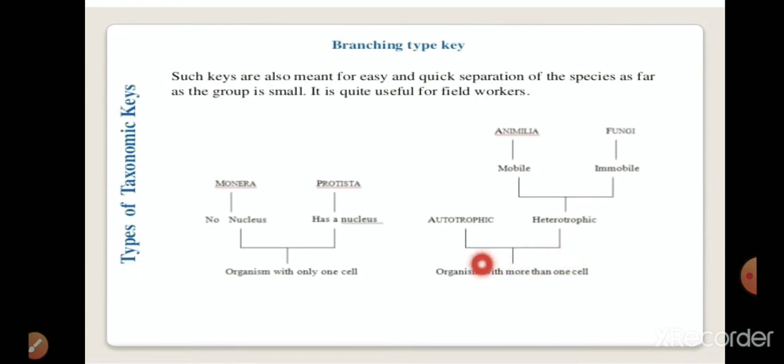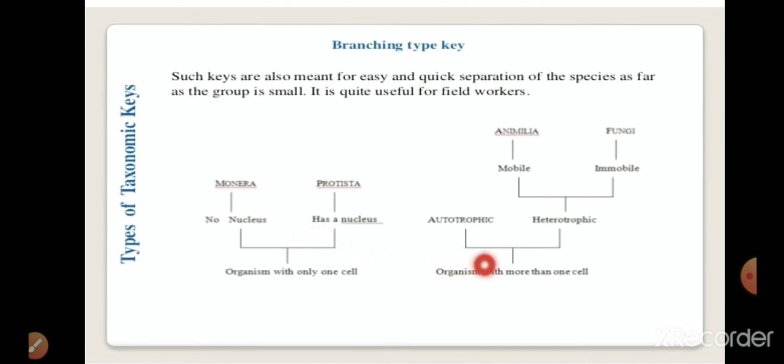If we find an unknown organism with one cell, then we have two choices: no nucleus and has nucleus. If we click on nucleus, then it may be from Protista. If the organism has no nucleus, it may be from Monera.